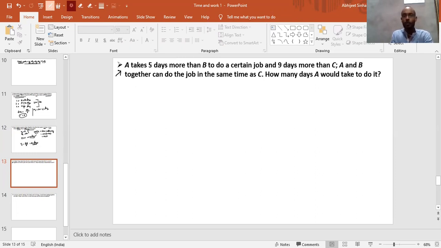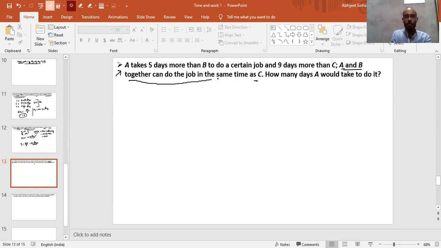That means if you assume any number X for A's time, you can get the time for B and C in terms of that. Next, A and B together can do the job in the same time as C, which means the efficiency of A and B combined is the same as the efficiency of C.